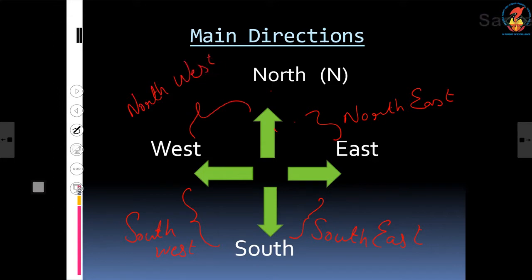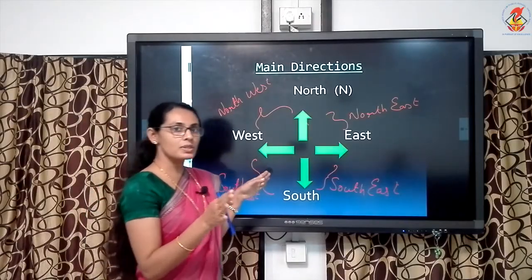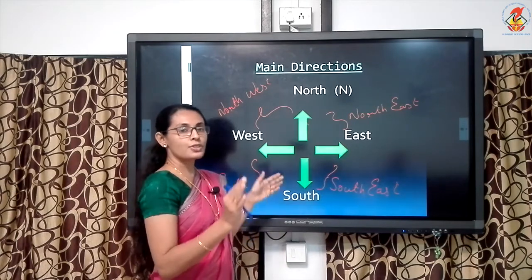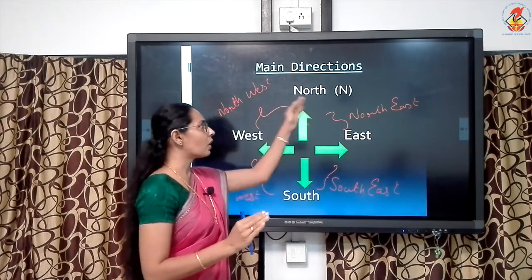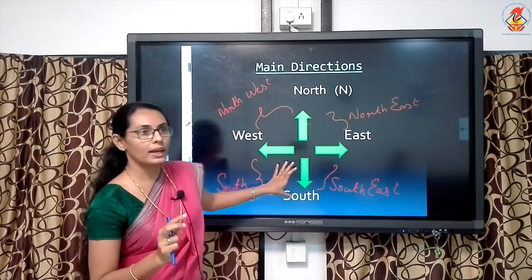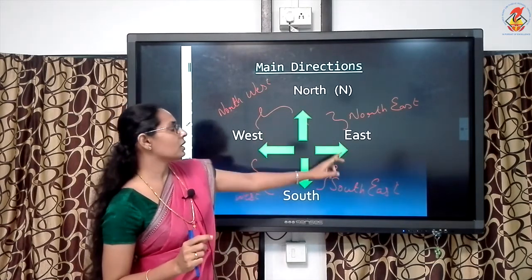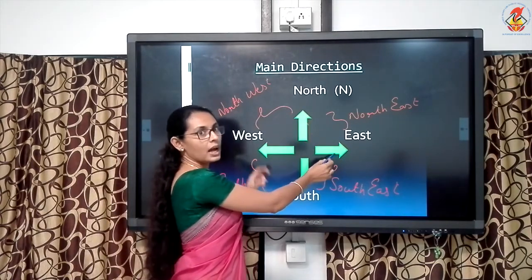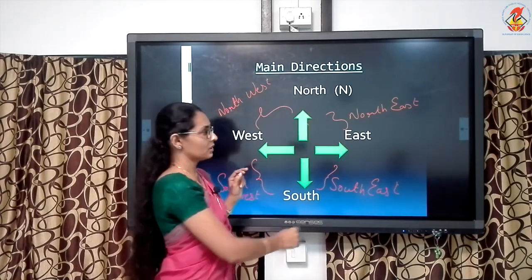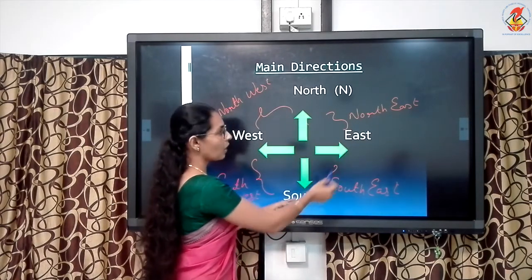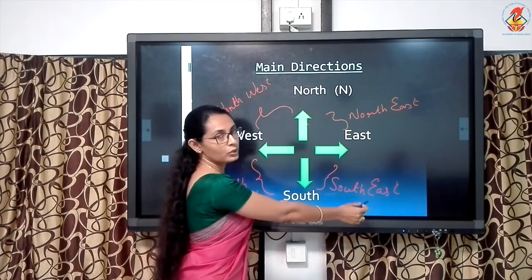And in between these, northwest direction. We always use north and south as the main directions, so we always start with north and south. So understood? The major 4 directions are north, south, east and west. In between north and east, we have northeast. In between south and east, southeast.